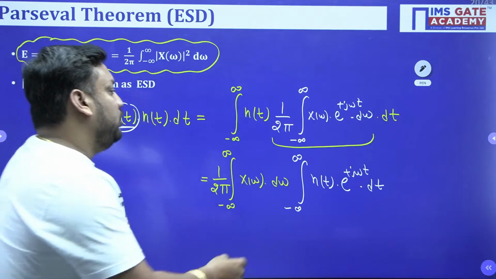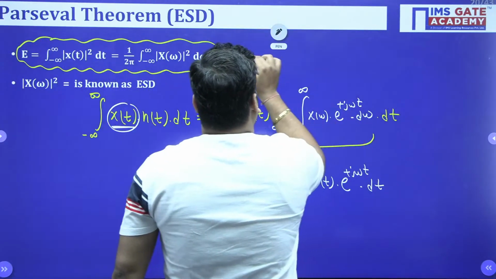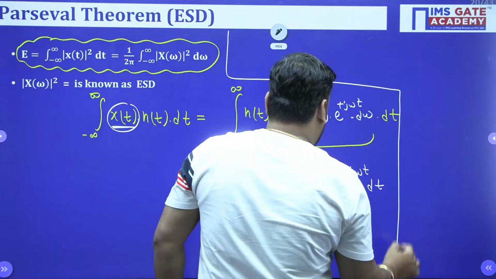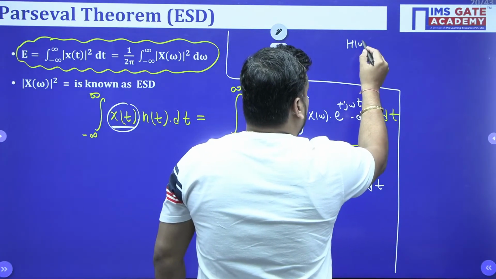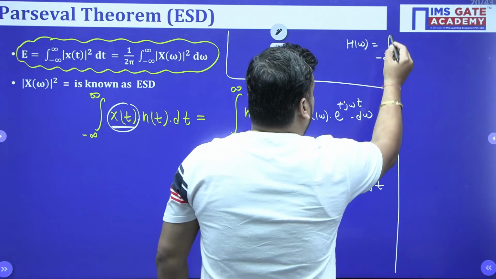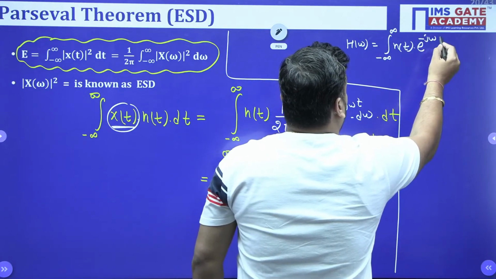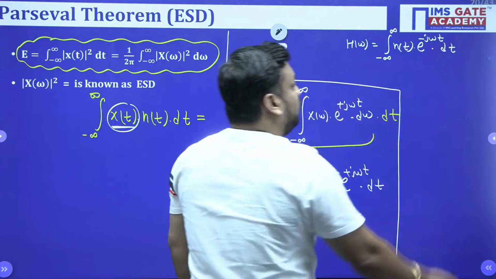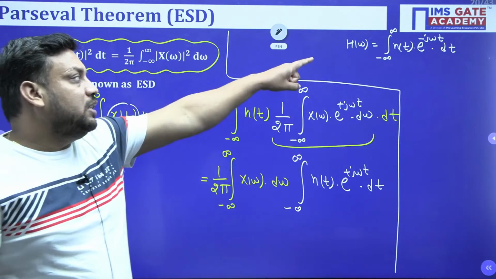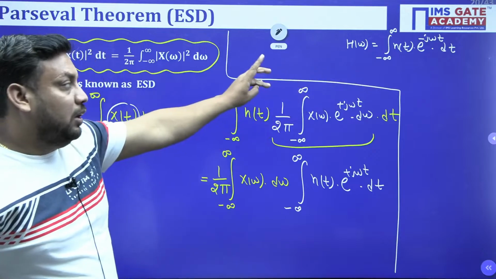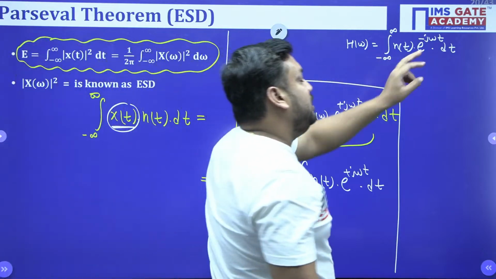So now tell me, students, what is this formula? Do you know the Fourier transform formula H(ω)? If I talk about the Fourier transform formula H(ω), it will give me integral from minus infinity to infinity of h(t) e^(-jωt) dt. Is it clear or not, beta? Now in this formula, the limits are in the time domain.